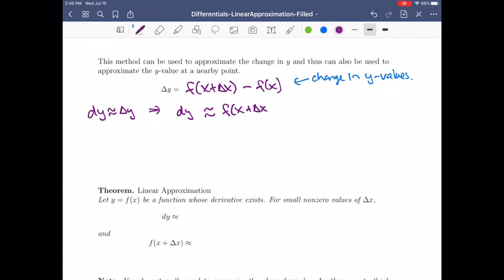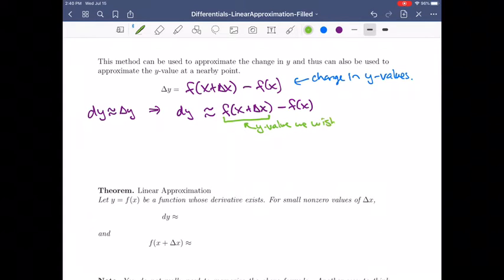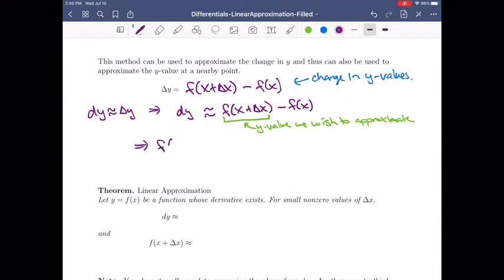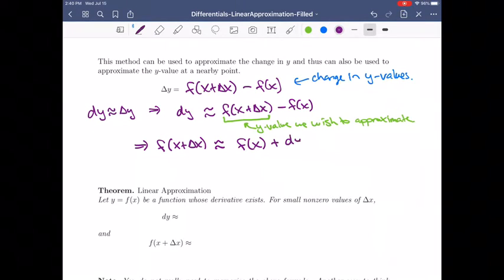This f of x plus delta x is the y value we wish to approximate. If we solve for this value, I need to add the f of x over, we get f of x plus dy, approximately.